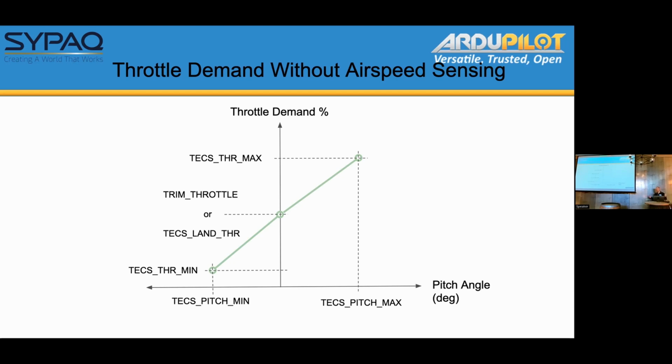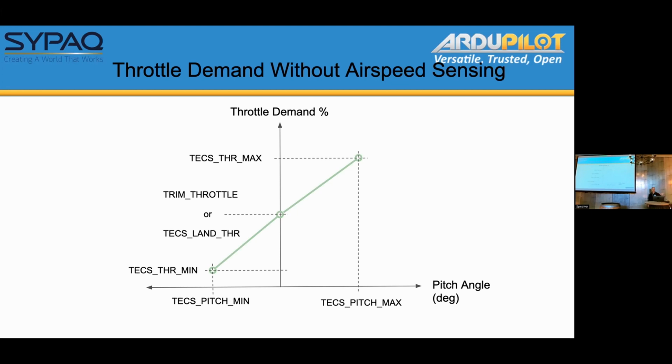This is really where, in some respects, if you're flying a TECS and you lose your airspeed sensor, or you're flying without an airspeed sensor, we revert back to a mapping that makes the assumption that you're flying at your cruise speed, and it sets the throttle based on the pitch angle of the aircraft.